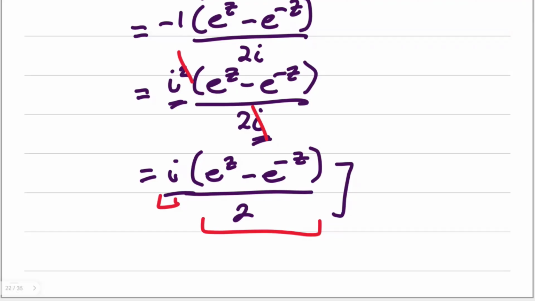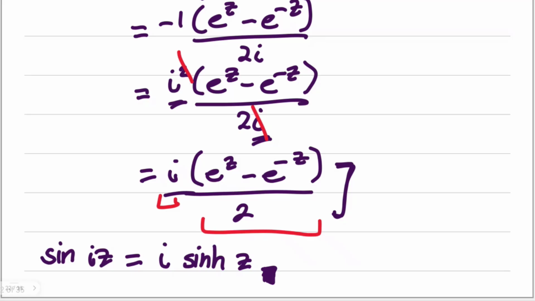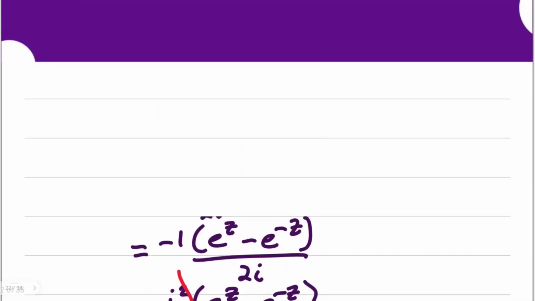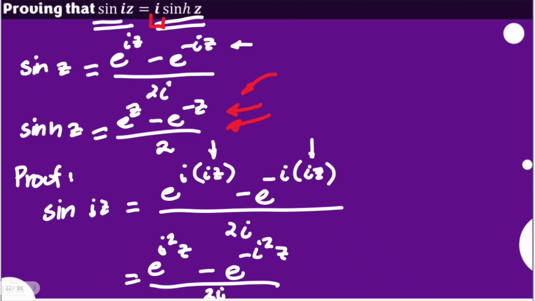So we have shown here that the sine of iz is equivalent to a factor of i times this equivalent form, which is just the hyperbolic sine of z. We have shown this to be true, and that means this relationship between the trigonometric function sine iz and the hyperbolic function of z with a factor of i are equivalent to one another.